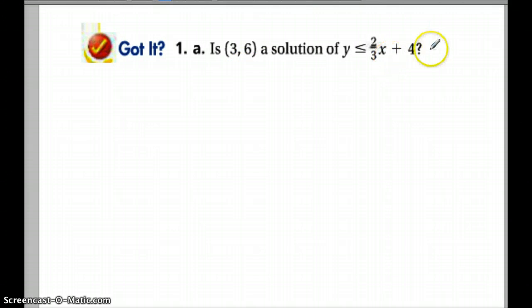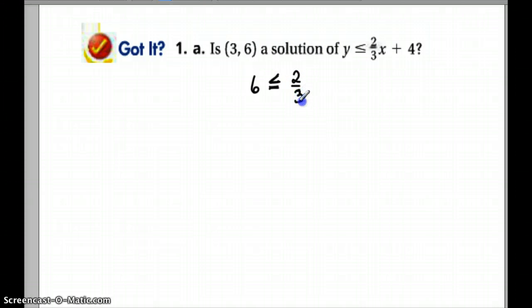Is (3, 6) a solution for y is less than or equal to 2/3 x plus 4? Pause the video and do this yourself. Okay? Pause. All right, hopefully you have gone through this yourself. And what you should have done was to plug in 6 for y, and the inequality is less than or equal to 2/3 x, and instead of the x, hopefully you put 3.